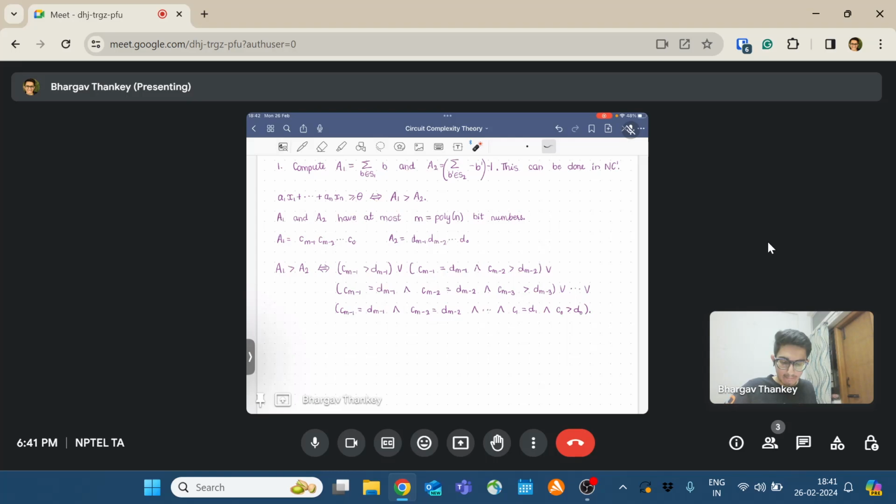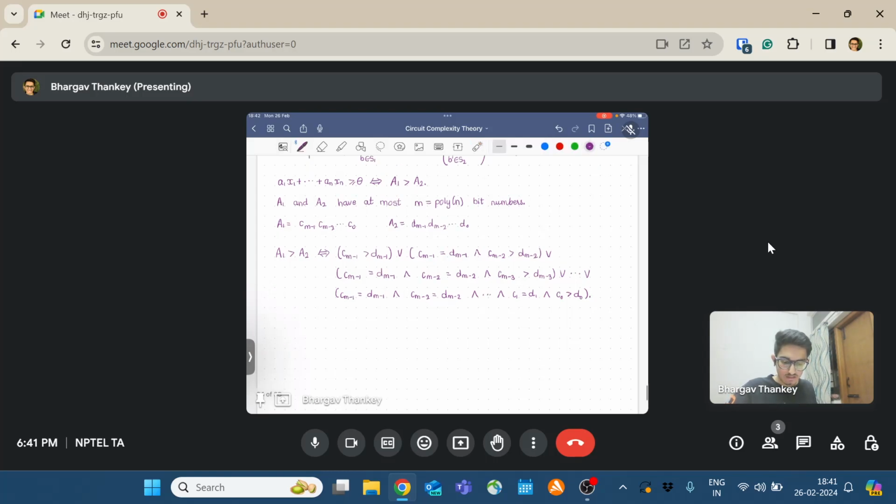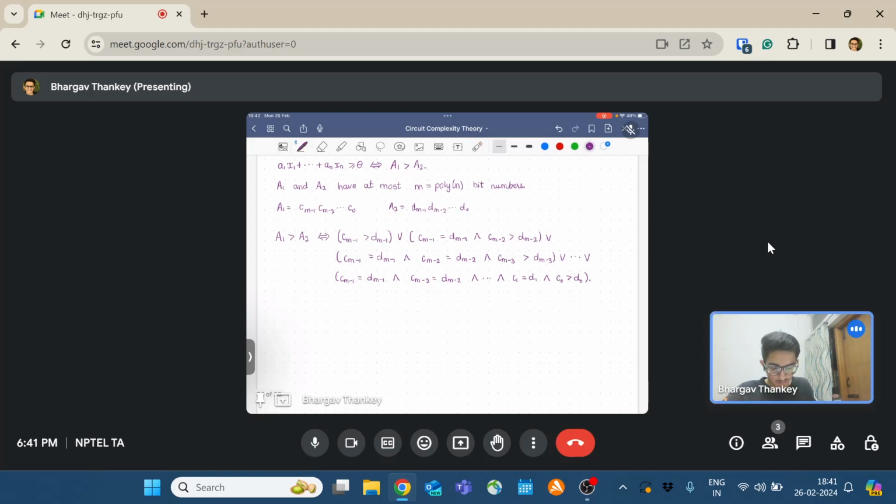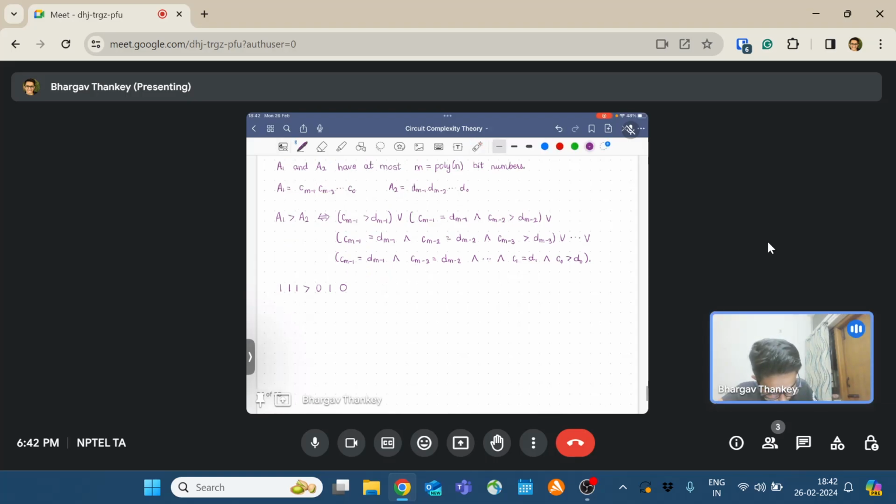Okay, I don't know, maybe I'll have to work it out. Maybe I can show you some examples. Let's see 1, 1, 1 and 0, 1, 0. 1, 1, 1 is greater than 0, 1, 0, right? And over here, this condition is satisfied, that the first bit is larger. Now, 1, 1, 1 is also greater than 1, 0, 0, right?